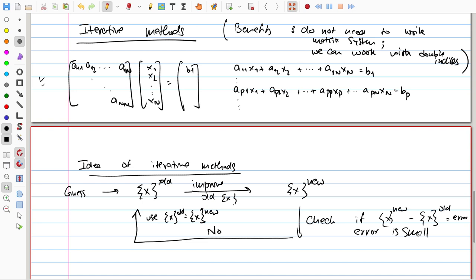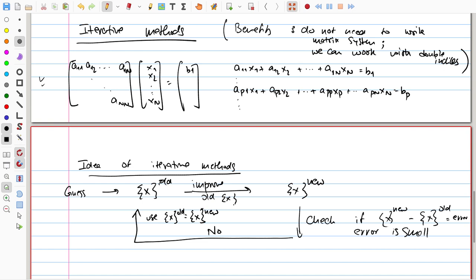So basically you keep improving it until the difference becomes so small that the error becomes almost 0, and that's when we call the iterative scheme has converged. And then if you put those values in the equation on the top, you will see they will satisfy the linear system. Again, this is a very general idea of this method.